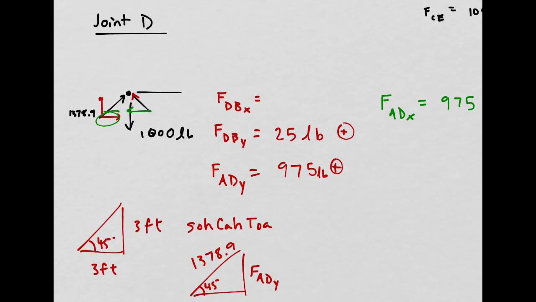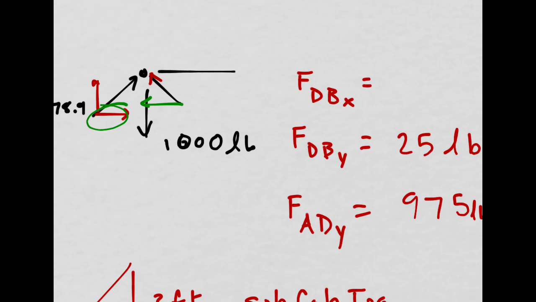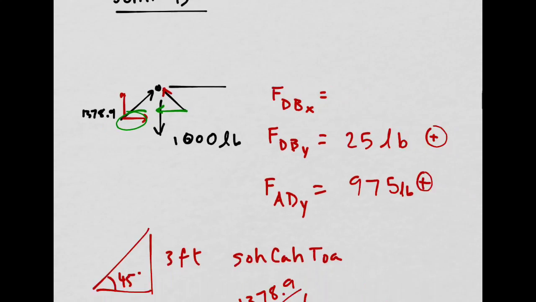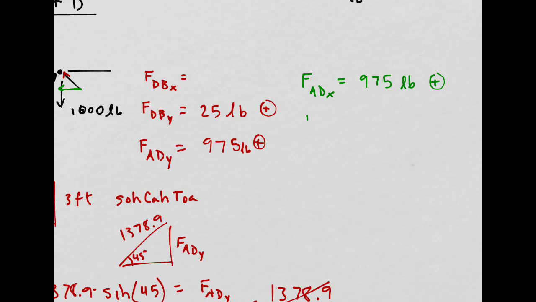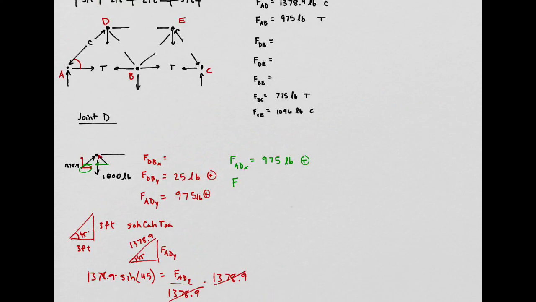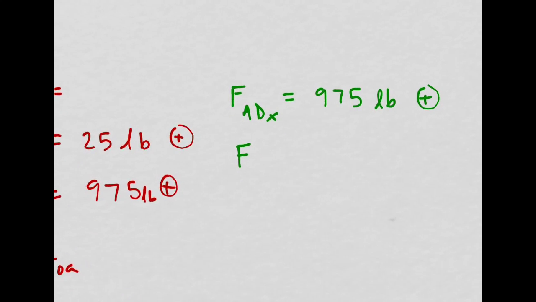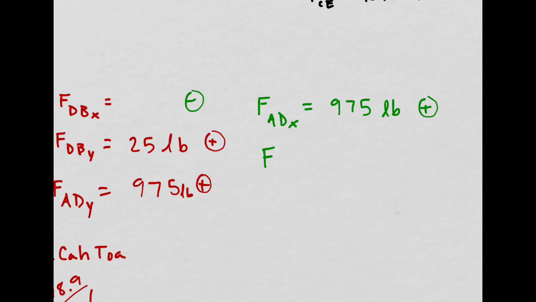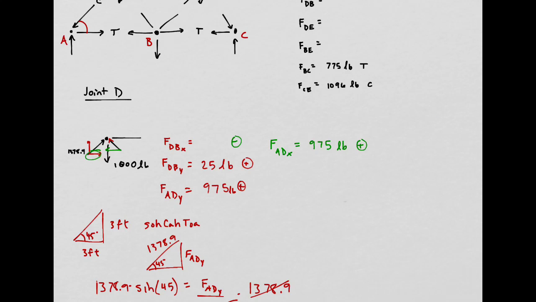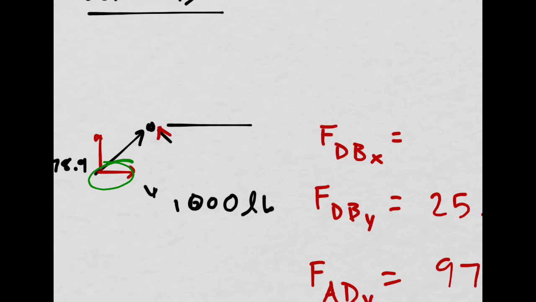And this one I already know is to the left. So what is that? FDBX. That'll be to the left. Right? Correct? Or not right? Alright, whatever. Well, I can't really find that x component.